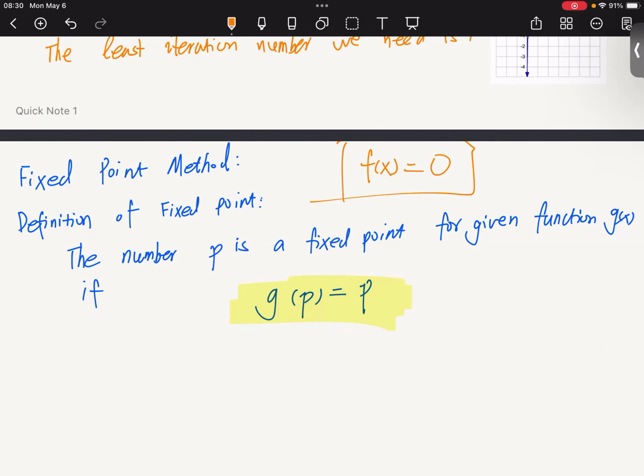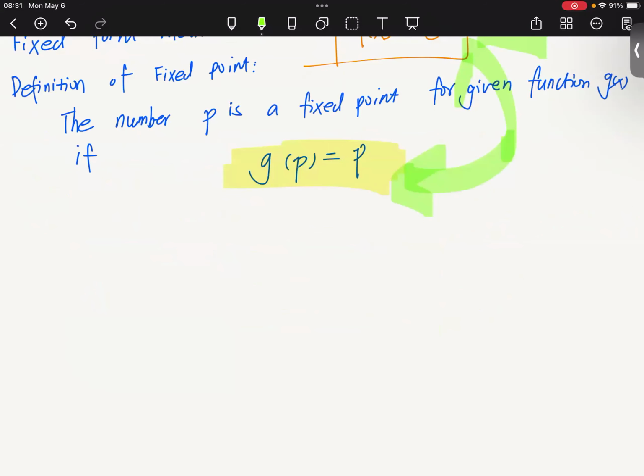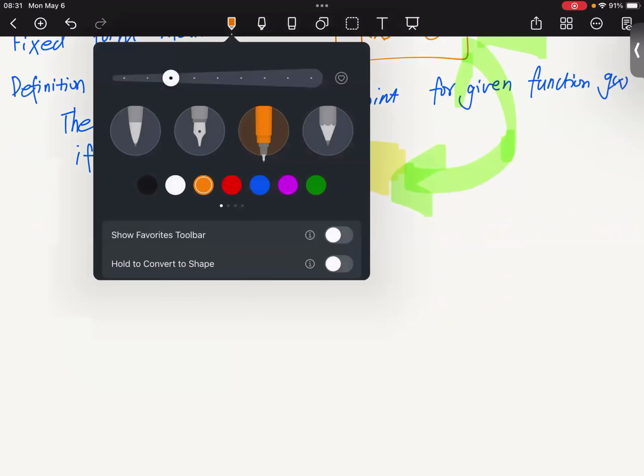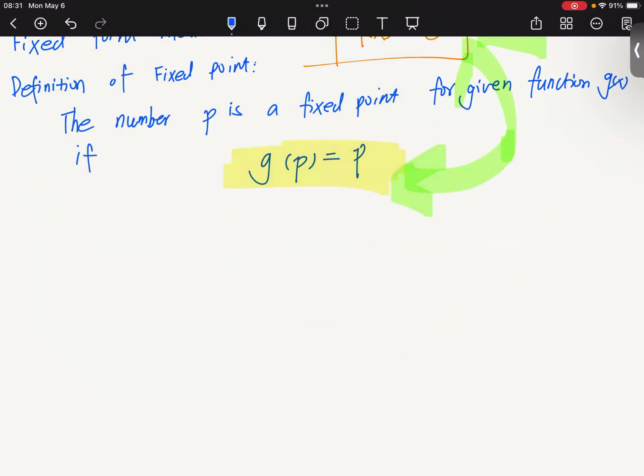Now we introduce another concept here, the fixed point, and we are going to give you the connections between solving this equation and solving the fixed point problem.